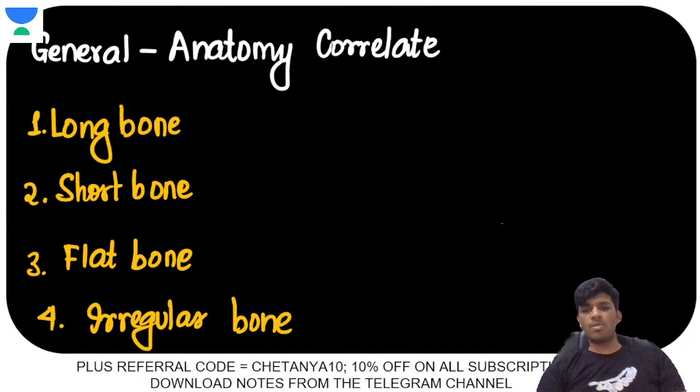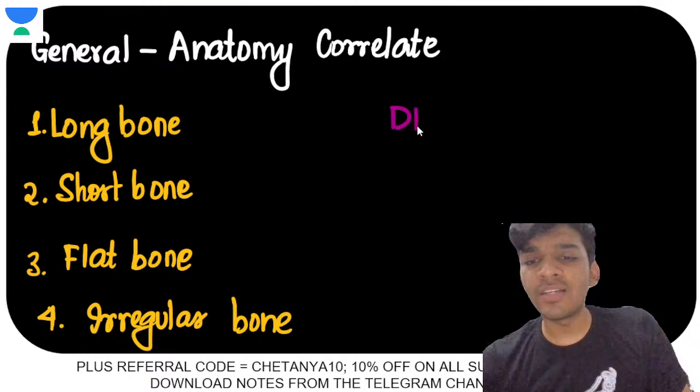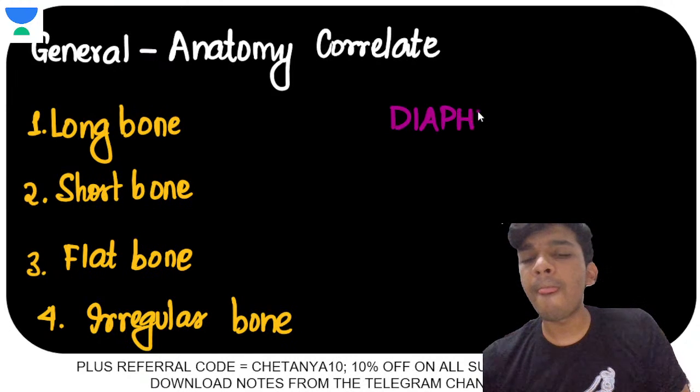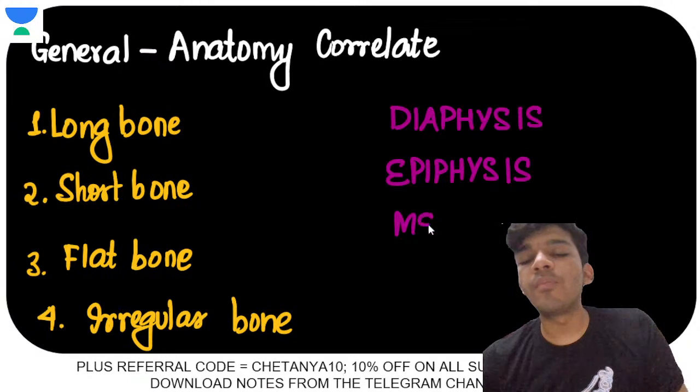In your general anatomy portion, you should know what is diaphysis, epiphysis, and metaphysis. Diaphysis is the shaft of the bone. Epiphysis is the end of the bone. Metaphysis is where you have the formation of the metaphyseal plate.